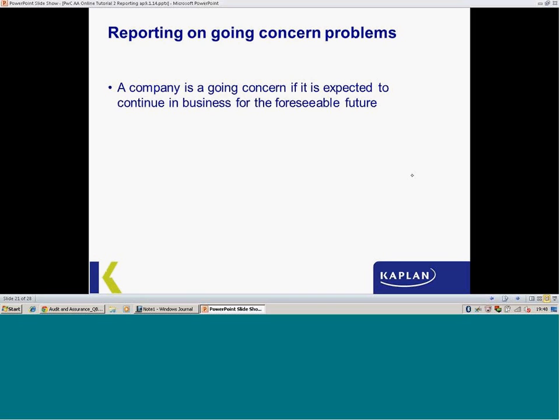A going concern is expected to continue in business for the foreseeable future. Now remember what the foreseeable future is considered to be in accounting and audit and assurance: 12 months, 1 year. 99% of the time in real life, it is 12 months.